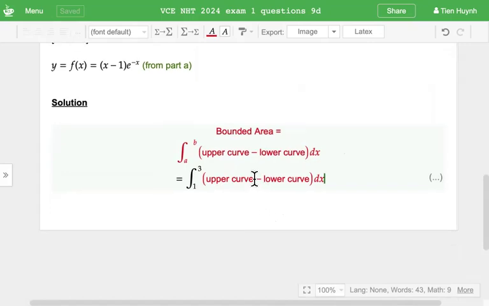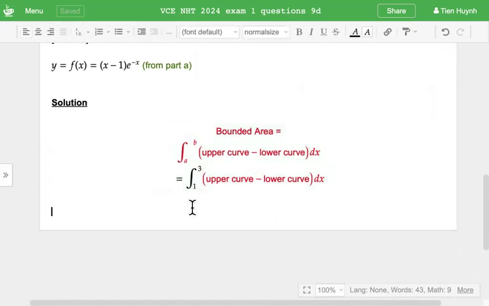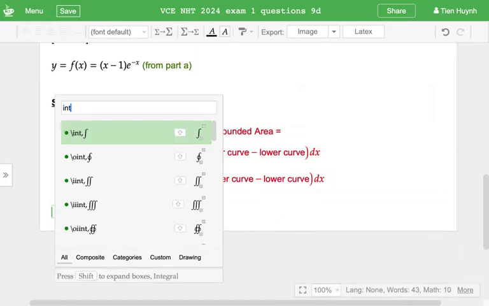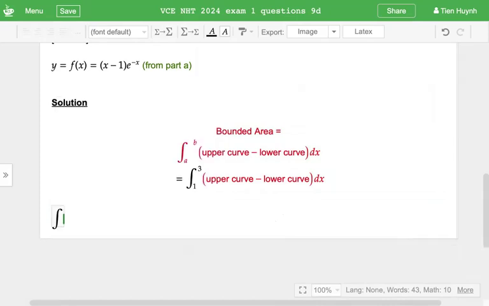Okay, now let us analyze it one by one. First, let's figure out the integration of the upper curve.